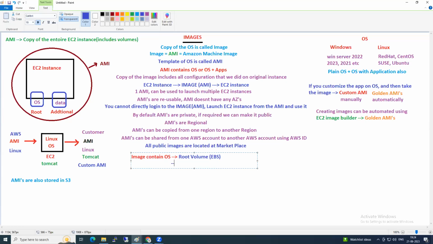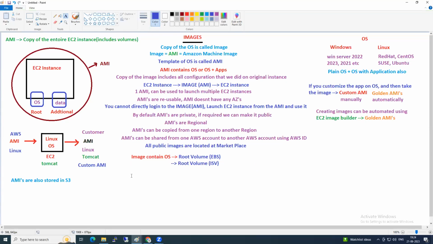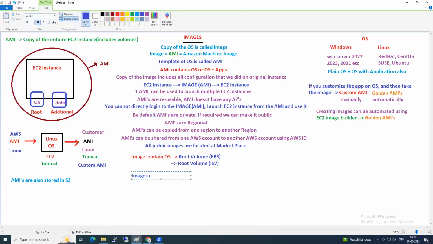Yes. It can also sit in instance store volume. But is it recommended to use it? No. But I'm telling you, your images are backed by either EBS volume or instance store volume.